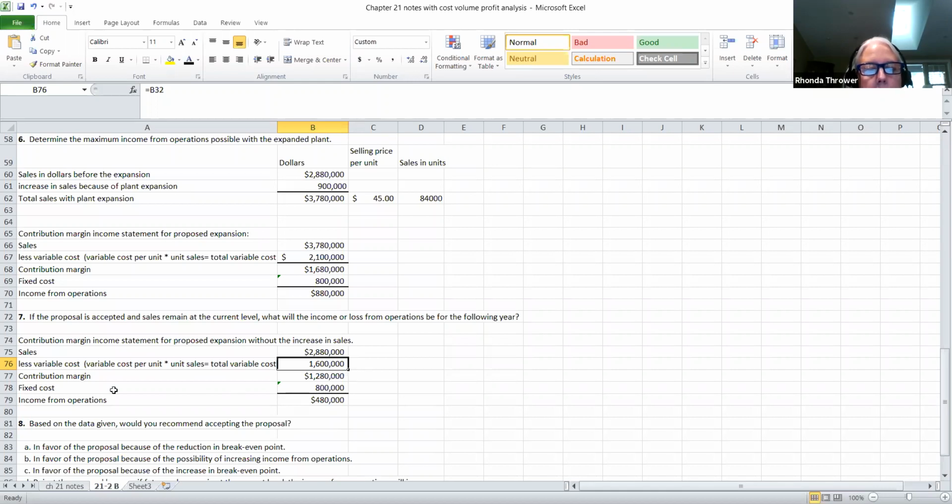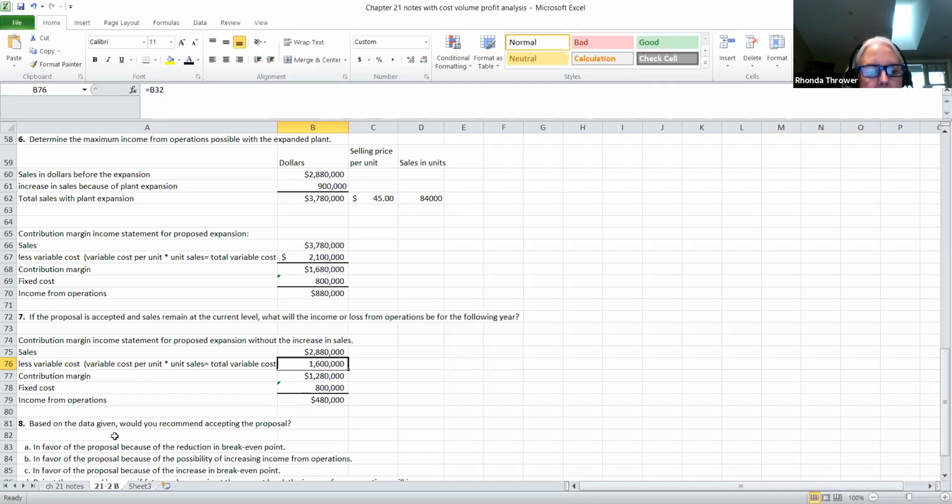And the contribution margin then is the difference between these two, and our fixed cost went up. So this is our income from operations here. And so the income from operations is $480,000.